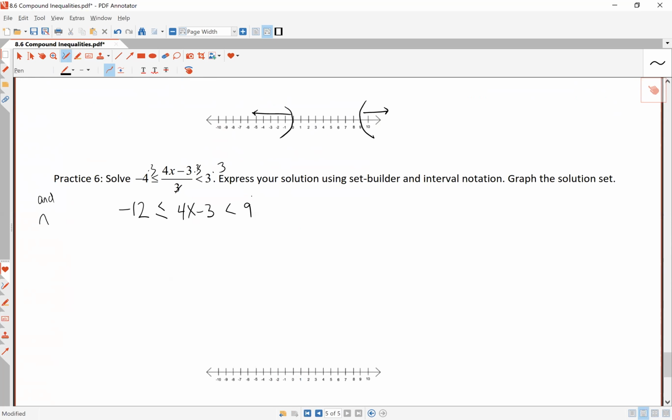And so now we'll solve this by adding 3 to both sides. 9 plus 3 is 12. And negative 12 plus 3 is negative 9. Getting rid of the 4 in the middle, we divide by 4, divide by 4. That's x is less than 3, greater than or equal to negative 9/4.